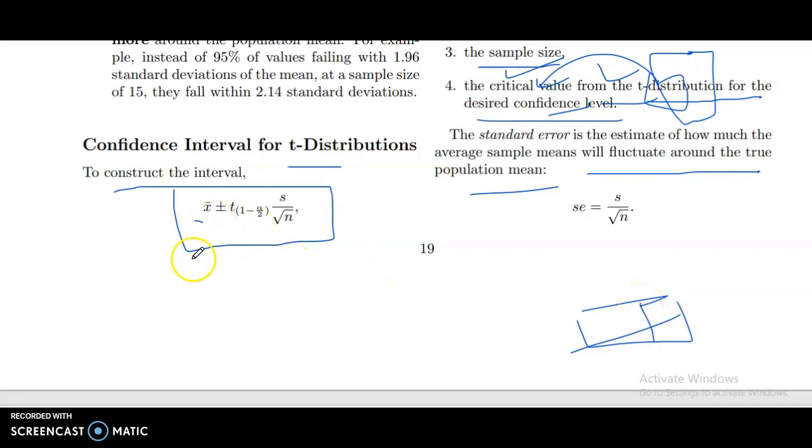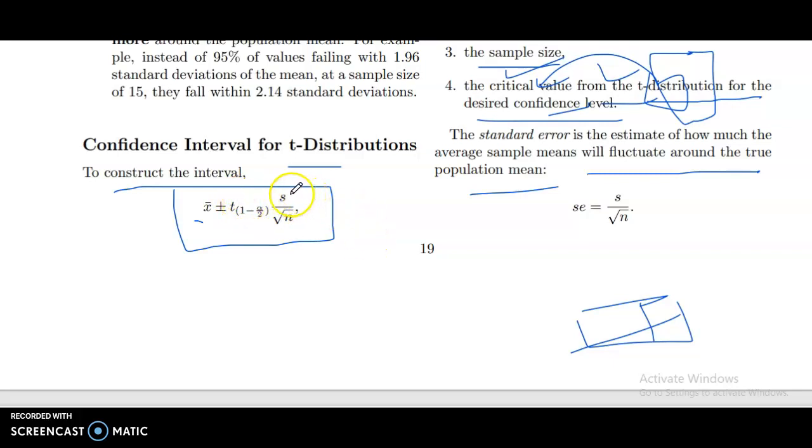Here, we take x bar and add or subtract the t value for alpha divided by 2, which means taking only the 0.5 percentage. Then we subtract it from 1, and multiply by t.